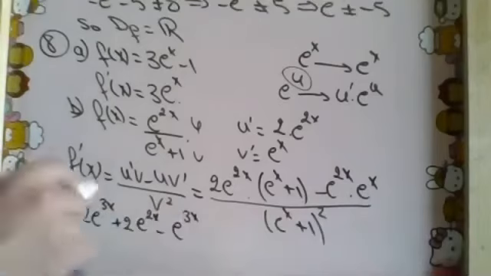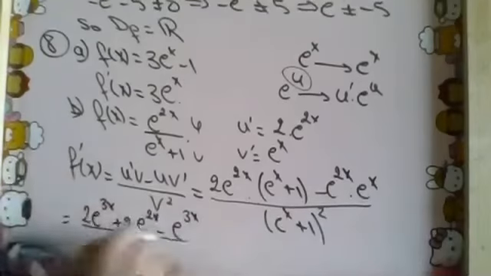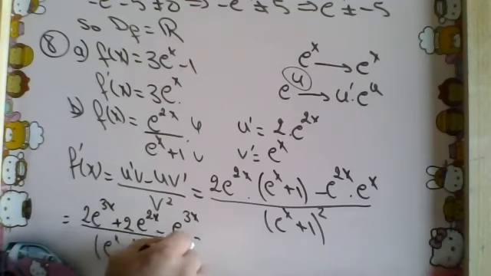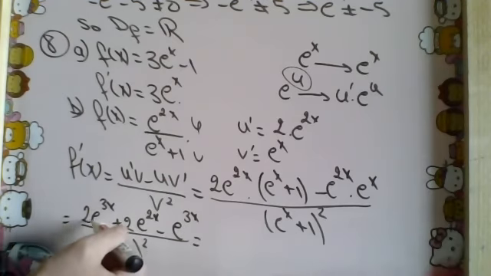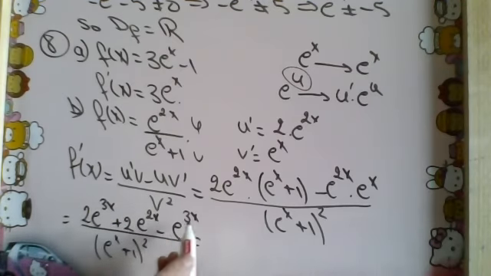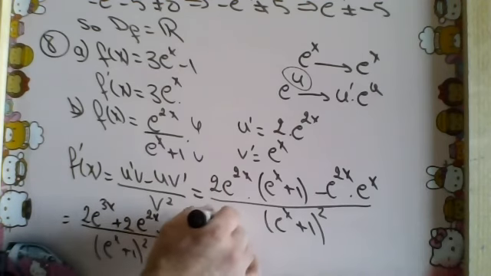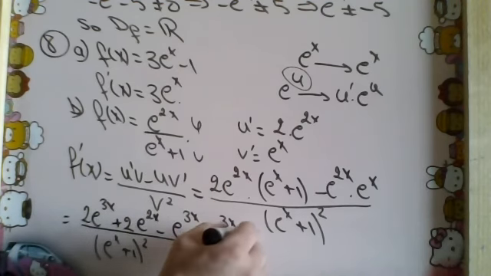You add the exponents over the denominator, which is e power x plus 1 squared, which is equal, you can simplify here, 2e to the power 3x minus e to the power 3x, we get 1 e to the power 3x. So e power 3x minus 2 e to the power 2x.